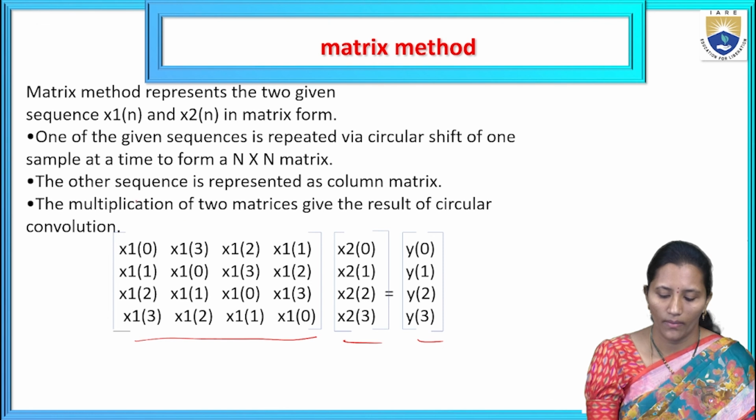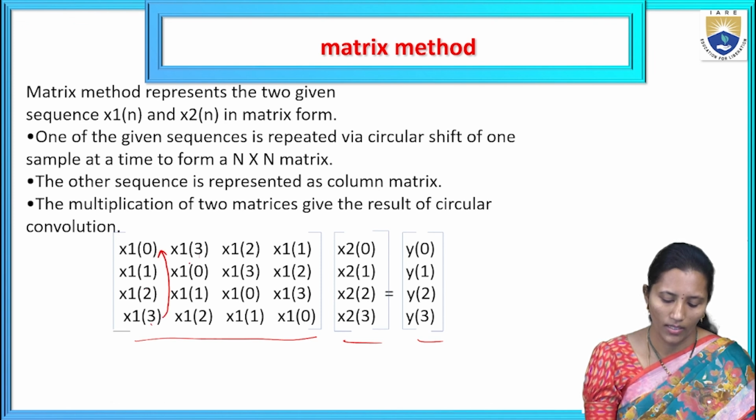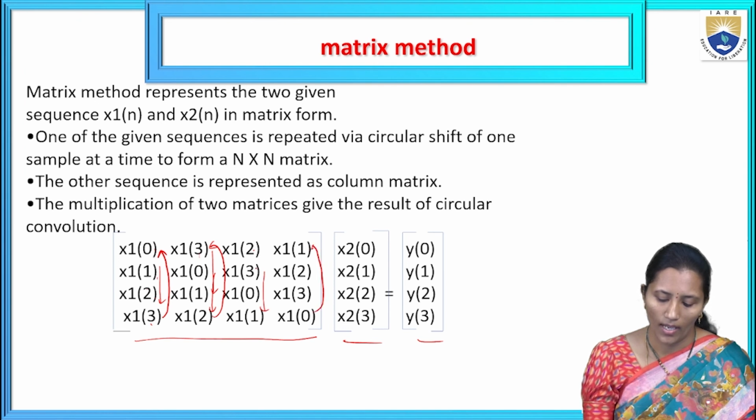Whatever the sequences x1 of n, x2 of n, we should make the length of these two sequences equal and write any one sequence in the matrix form 0, 1, 2, 3, and this will repeat here 3, and this will come here 0, 1, 2, 3 will come down, and this 3 will go, and again 2 will go here, 2 and 3, 0, 1 will come down, and 0 will go up, and 2, 3, 0 will go up. So this is the matrix of x1.